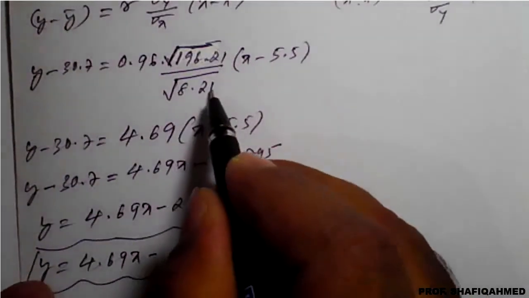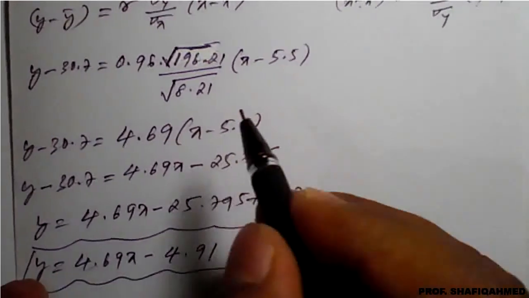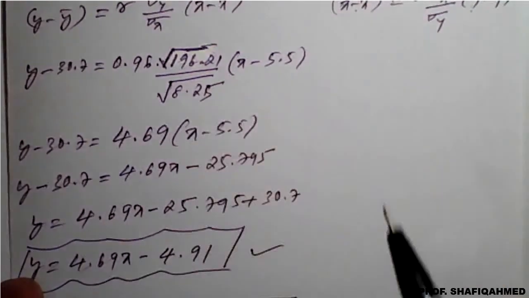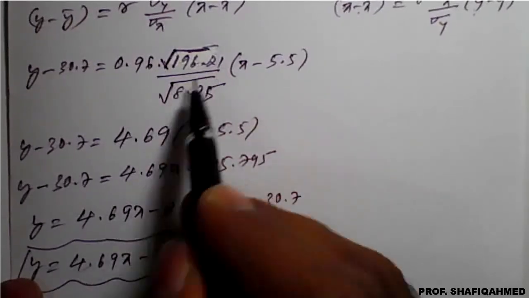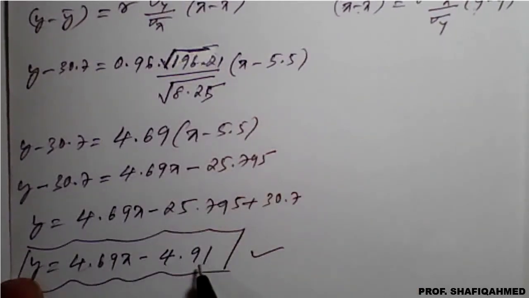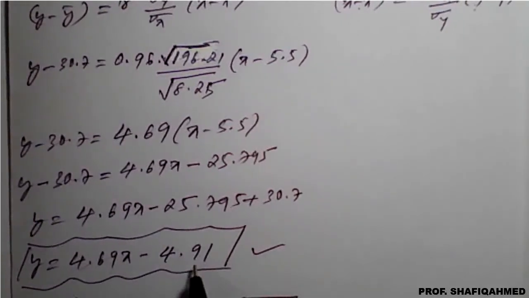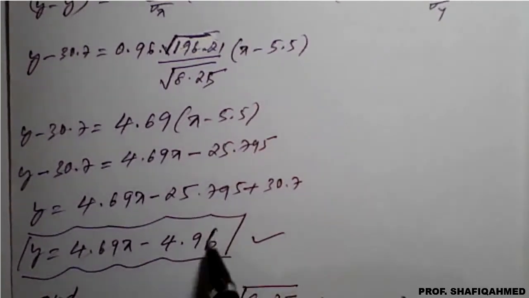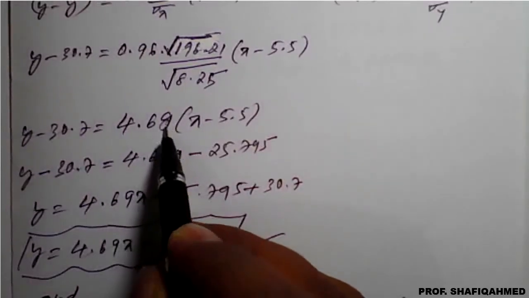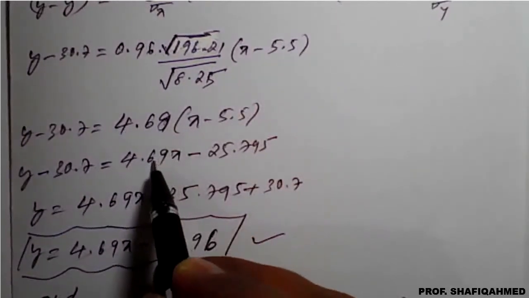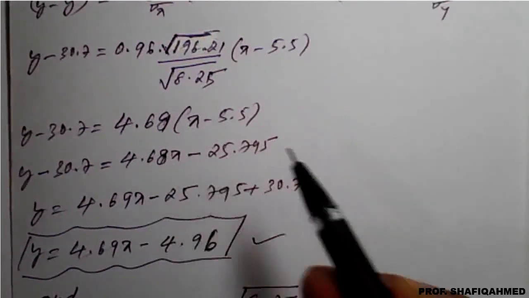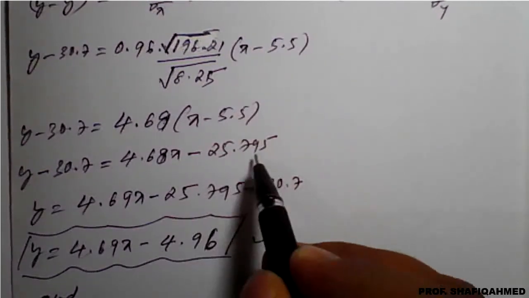There is a small correction, actually this is 8.25. If you calculate, this will become 8, and a small correction you will get in the final result. So instead of 9.1 you may find here 9.6, so this will become 9.8, and this will become 4.